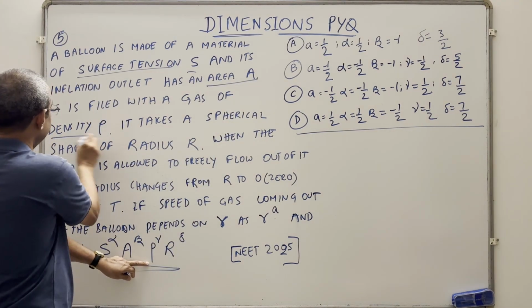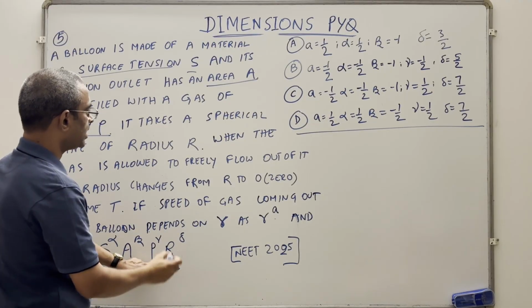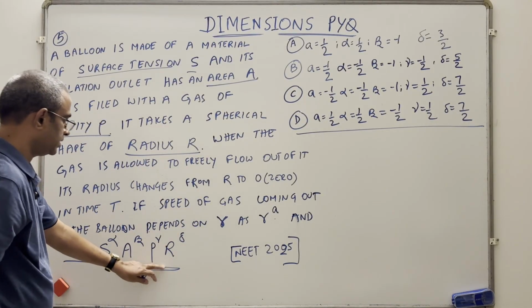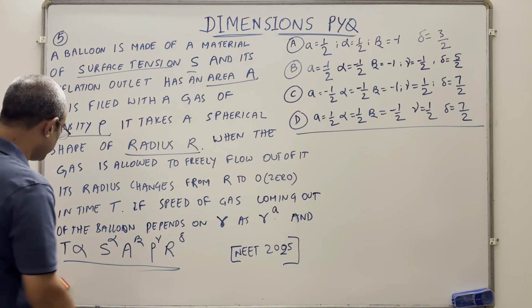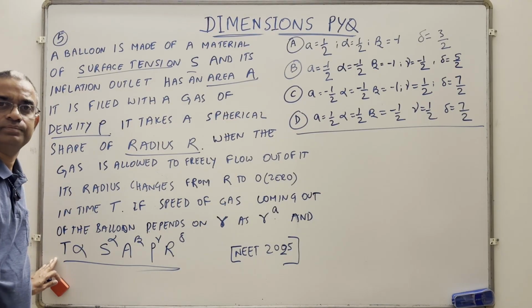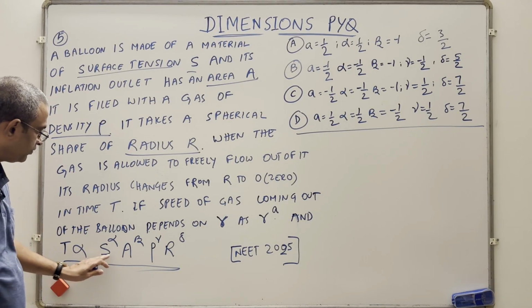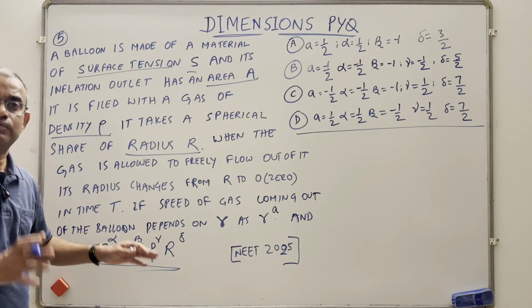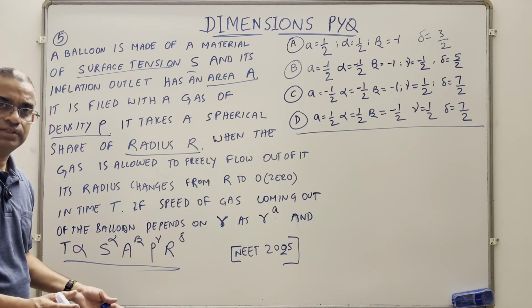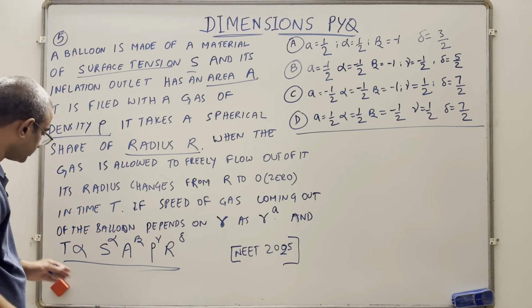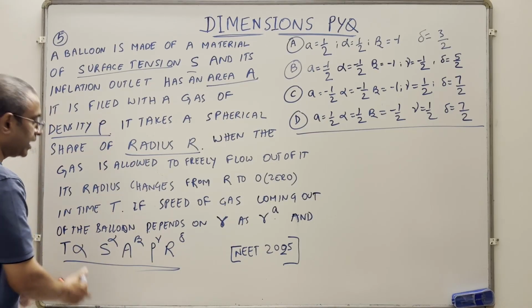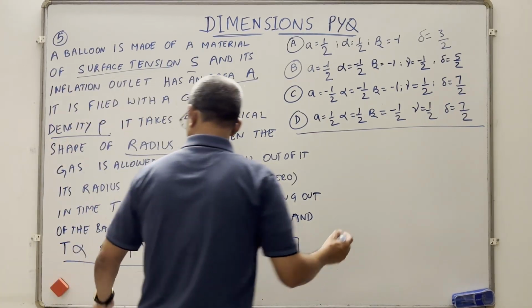Rho is density, and r is radius. So some combination of these is becoming time. So if we translate all of these to their fundamental units M, L and T, then all of this should become time. So let us solve here.